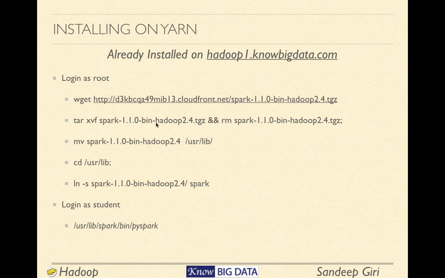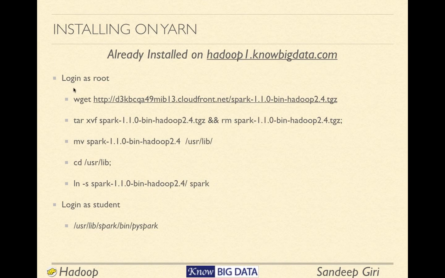After extracting, you move it to /usr/lib and create a link. Basically, all it does is download this file, open it, and start it. Rest is just management points. So all you need to do is download this file, unzip it, and then run this particular command in order to run PySpark. For us, this is all set up on Hadoop 1 right now.